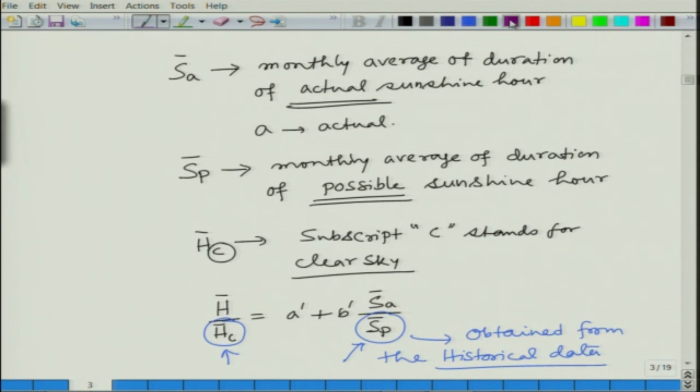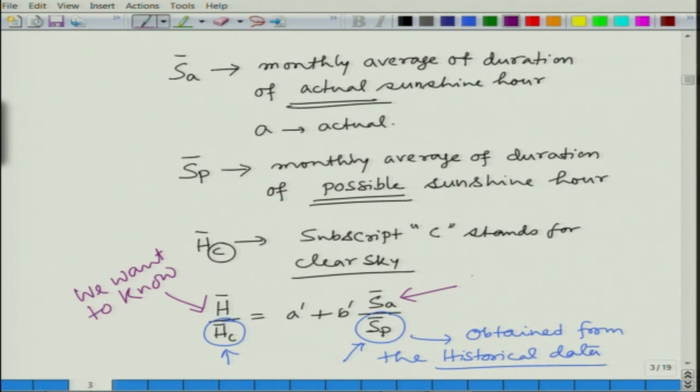Now, what we want is this quantity, right? This is what we want to know, or rather predict. Now, this quantity SA bar is what we measure for a particular location in which we are interested.